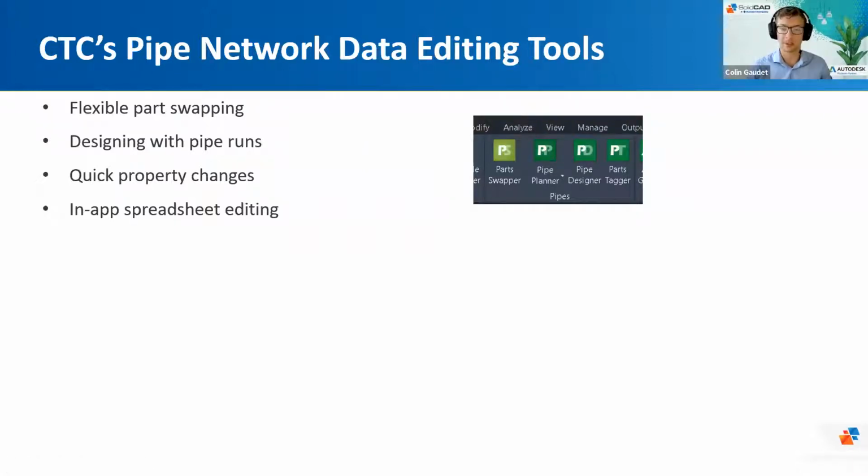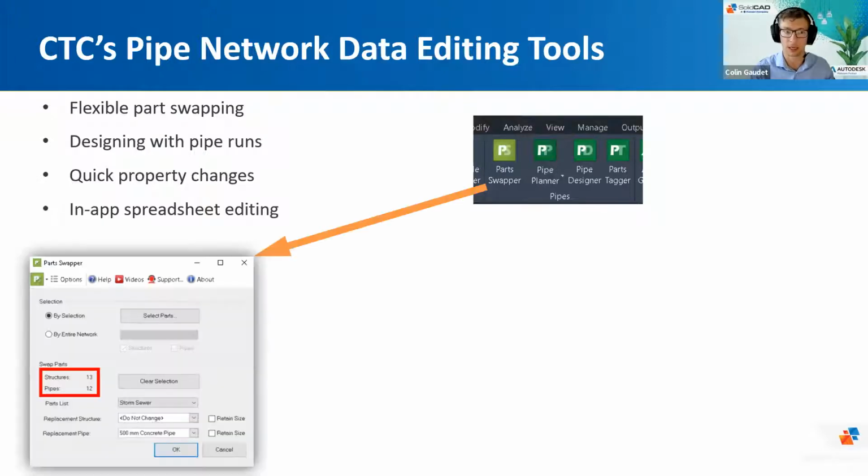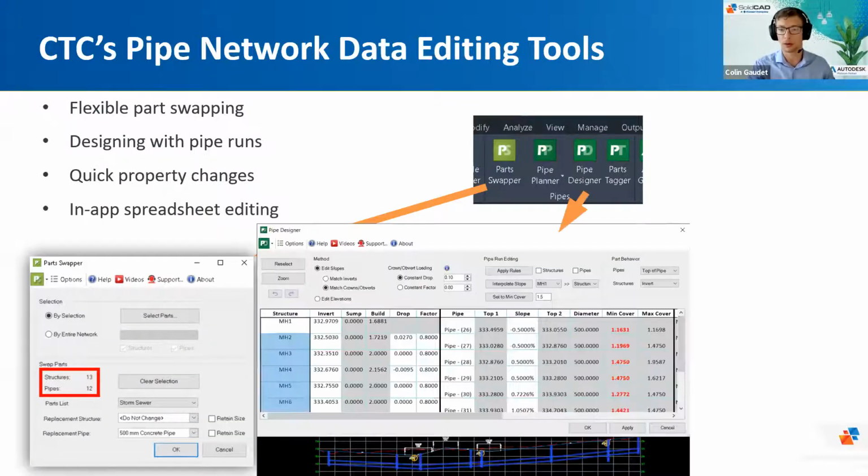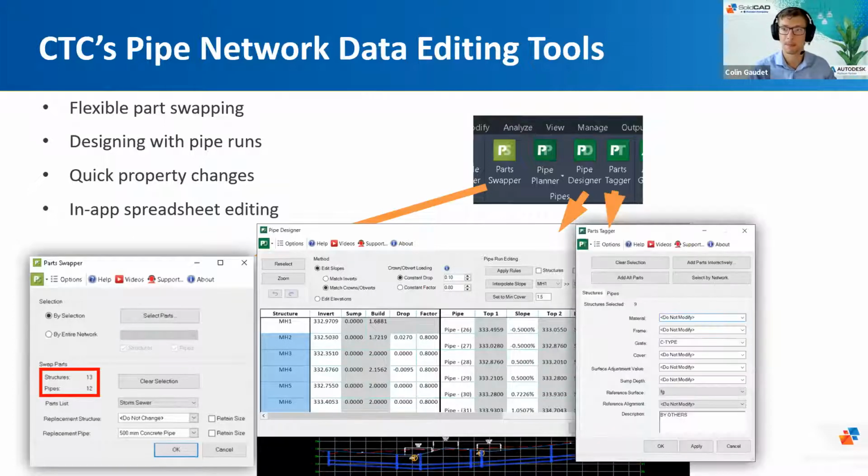Because once we have the horizontal layout in there, we're going to start to seriously lose efficiency when it comes to designing our vertical layout of our pipes. And that's where CTC tools come in, with the flexibility for swapping multiple parts en masse, for being able to design in a run of pipes, as opposed to individually one by one changing the slopes and elevations. Being able to adjust some of that metadata.